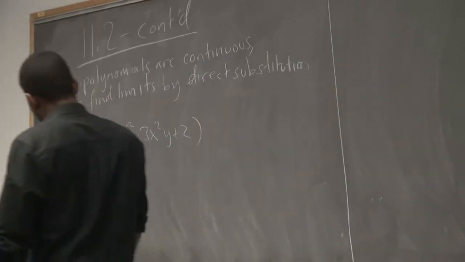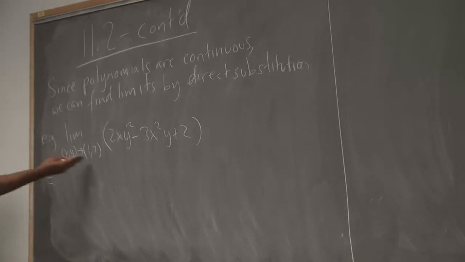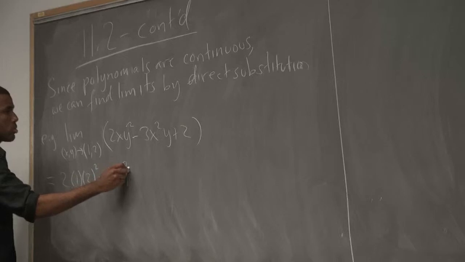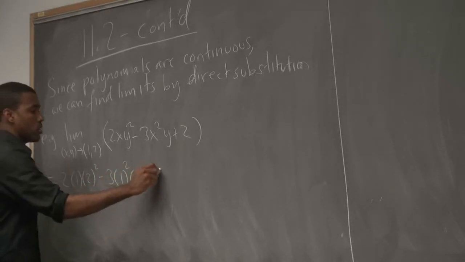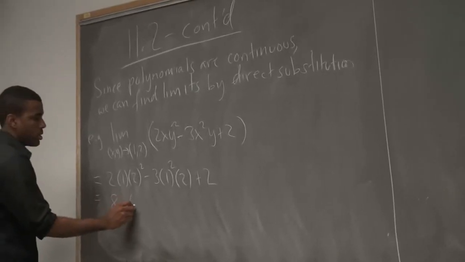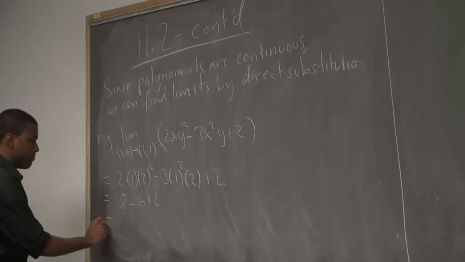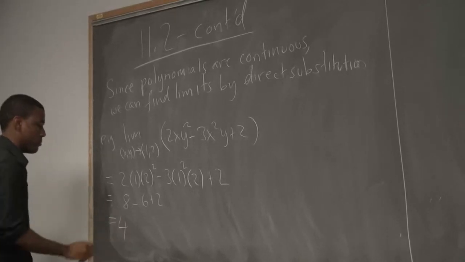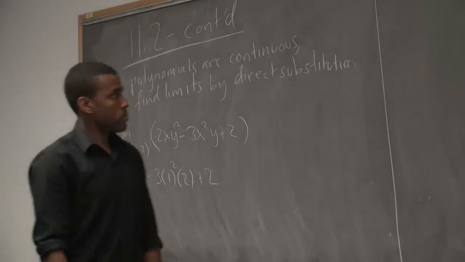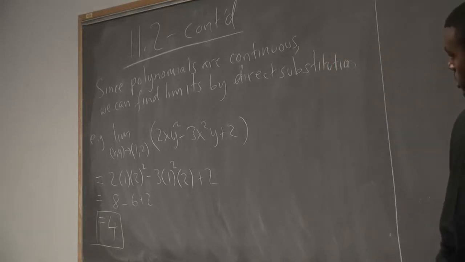Here we're plugging into a polynomial, and you can never fear, you can always just plug in the numbers as they present themselves. So here x goes to 1, y goes to 2, you literally plug those numbers in. So it's just 2 times 1, 2 squared, minus 3 times 1 squared, times 2, plus 2. That's 8 minus 6 plus 2. Okay, so polynomials are nice, you can just plug them in.